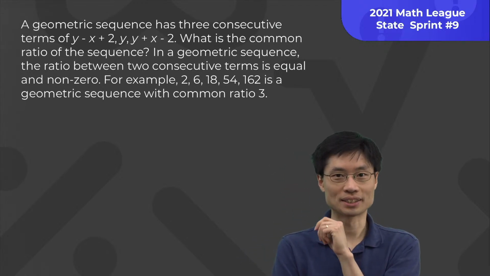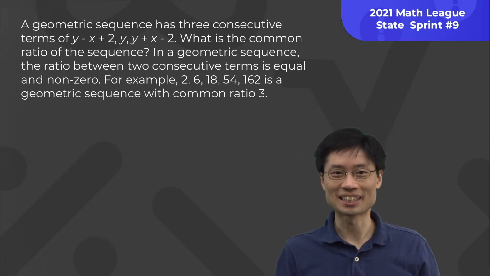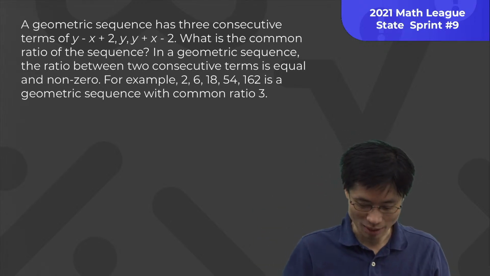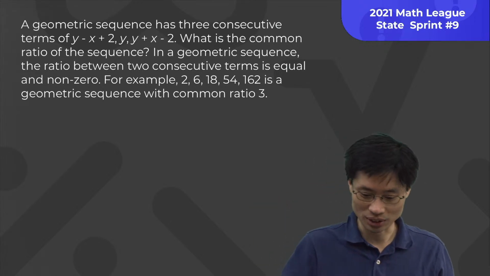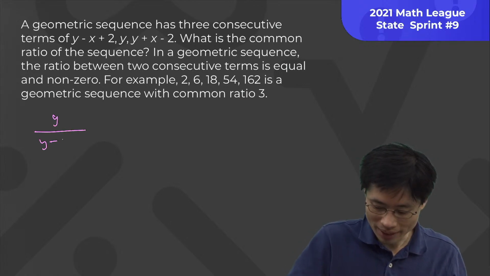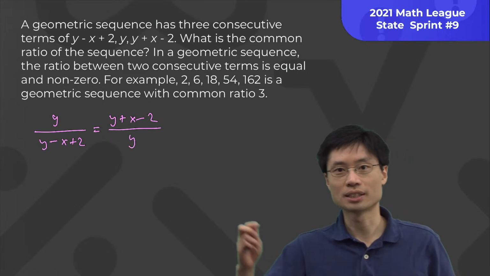So when I look at this, there's a neat thing about geometric sequences. Let's write it as ratios first, and then I'll show you the neat thing that happens. If they have the same ratio, that means that y divided by y minus x plus 2 is supposed to be equal to y plus x minus 2 divided by y. What I just did is I looked at the ratio.